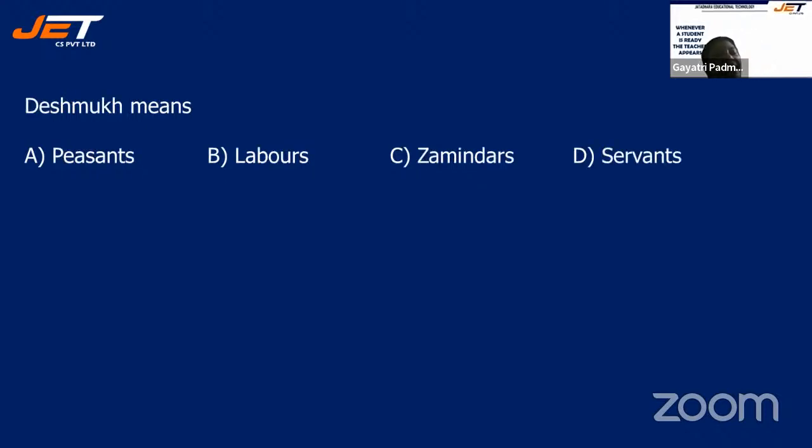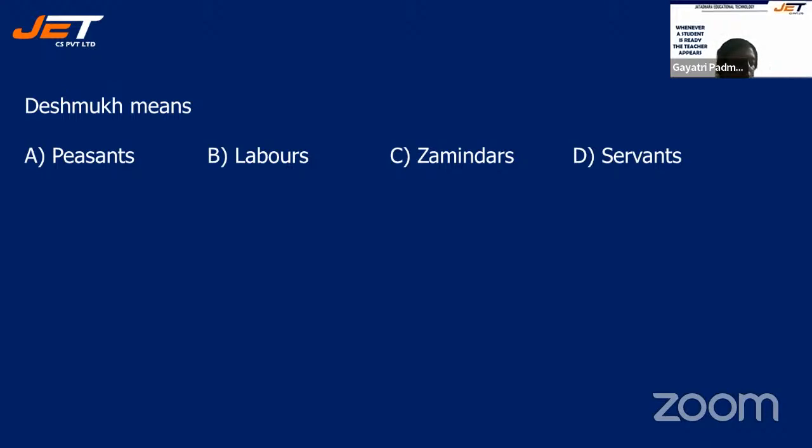Deshmukh means dash. Is it peasants, laborers, zamindars or servants?